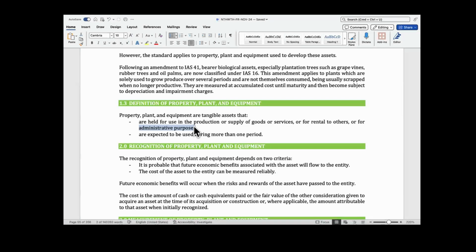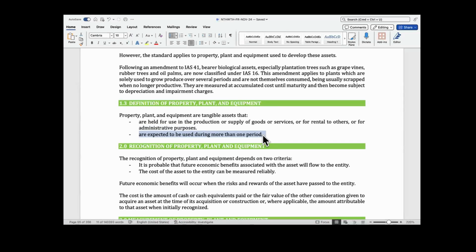Even your generator in the office is for administrative purposes. And any item that you have that performs this function is PPE if it is expected to be used for more than one period. That is extremely important. You must use it for more than one period.